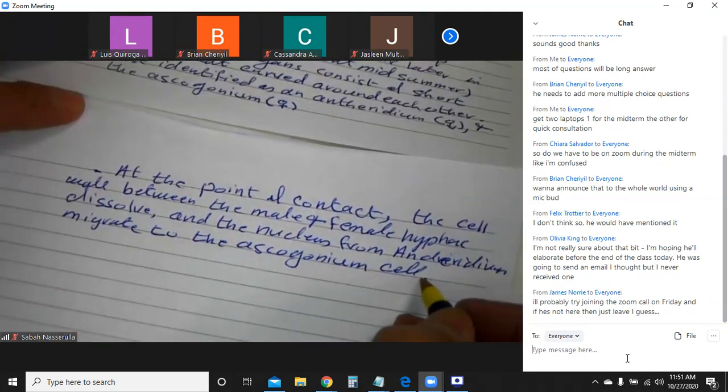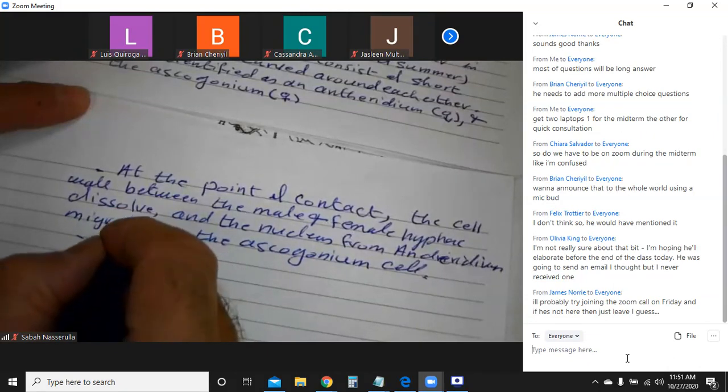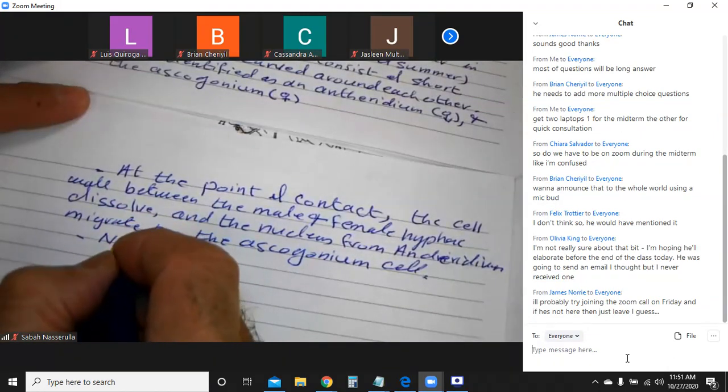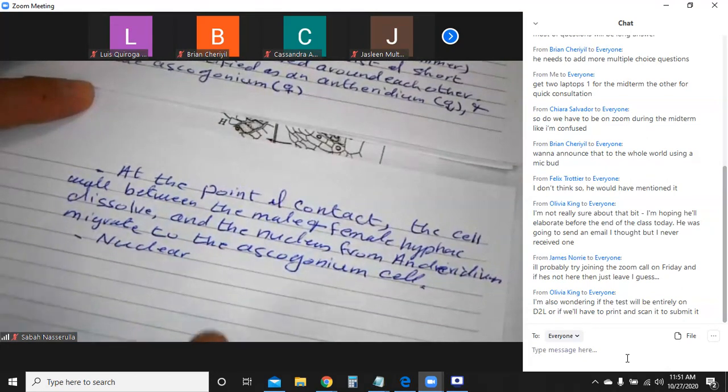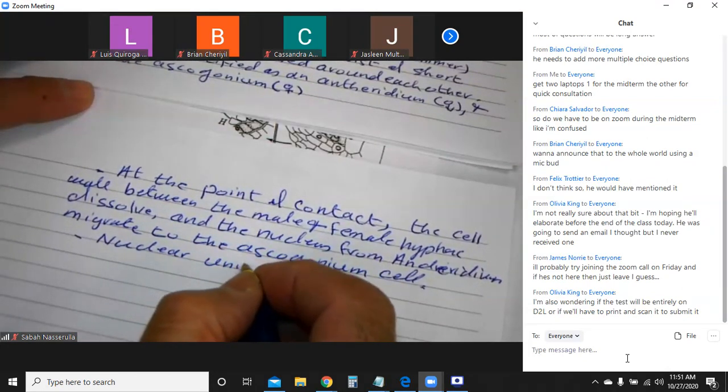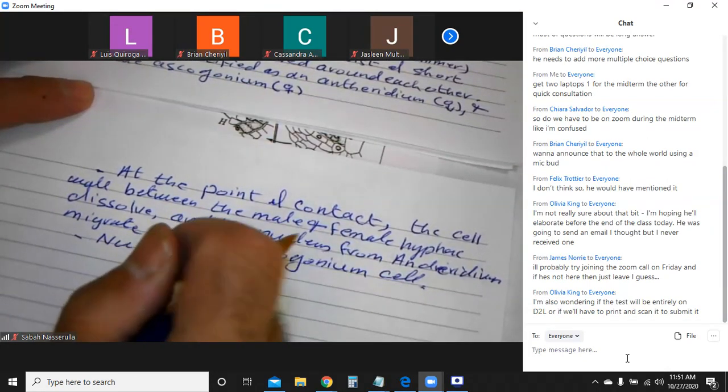So simply to mention to you here that a nuclear union is delayed.